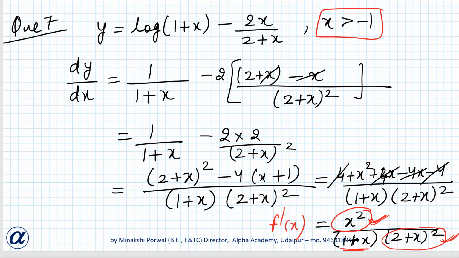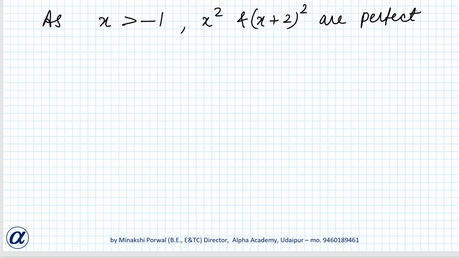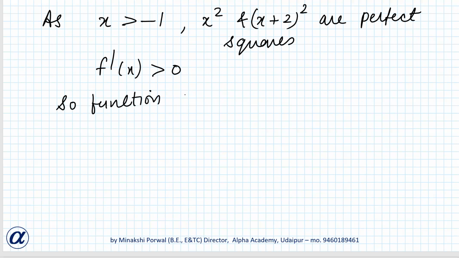So f dash x cannot be negative. F dash x will always be greater than 0. So the function is an increasing function throughout its domain.